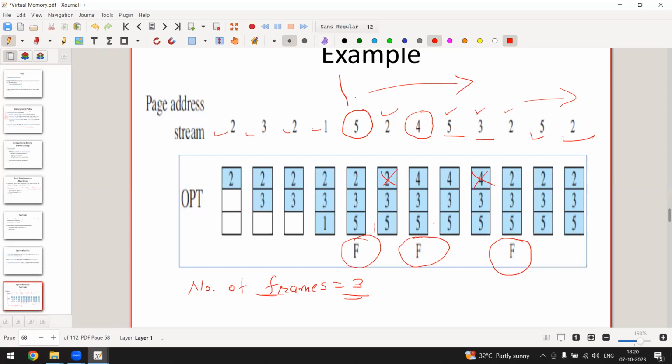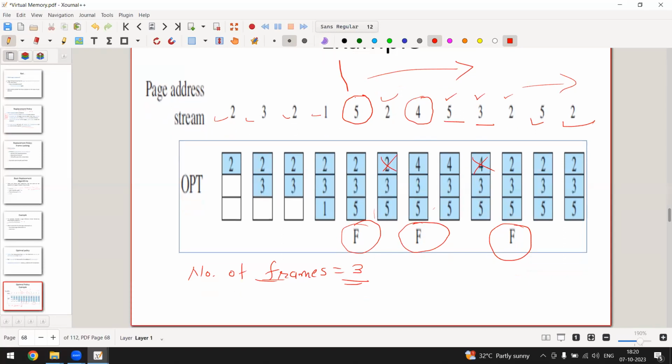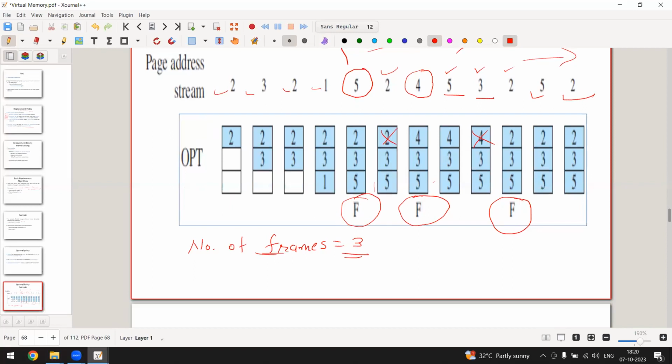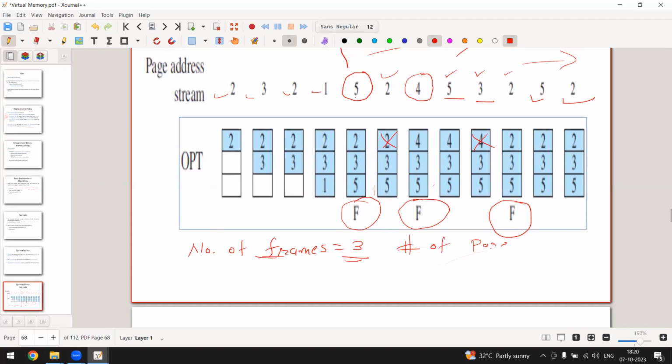So if you see the number of page faults, that is an important point to consider in this page replacement. Number of page faults is equal to 3 in this case. And what is the page fault rate?